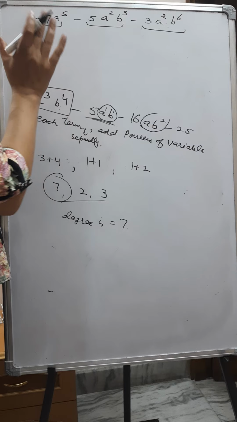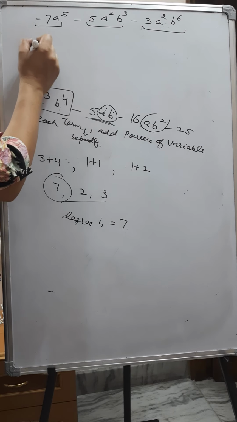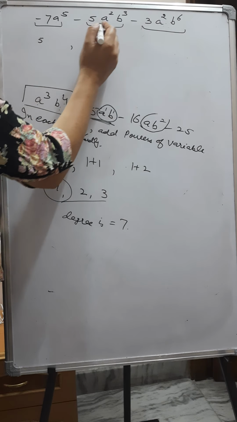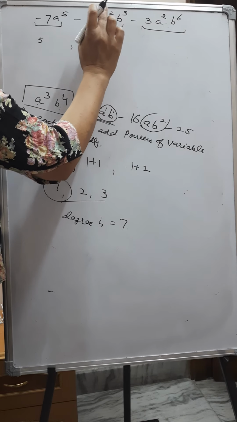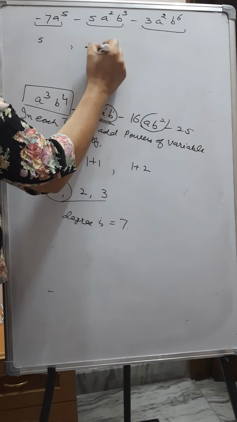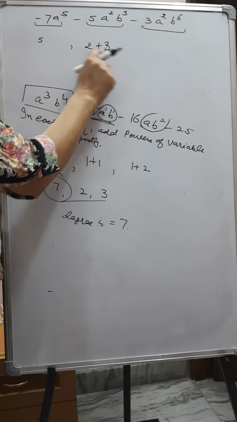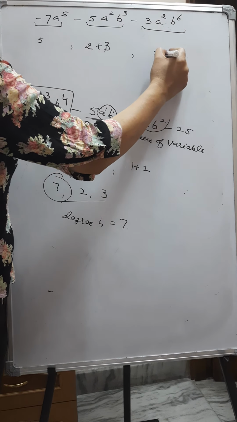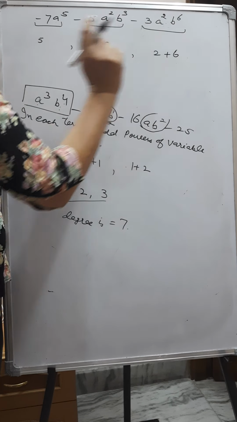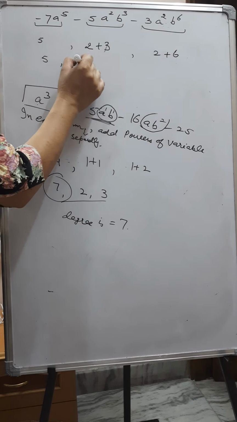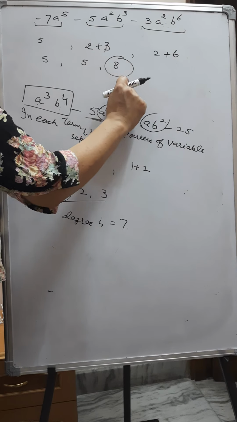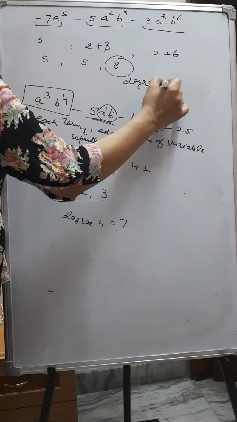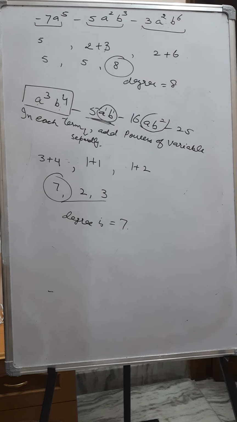Individually you have to take the powers. For the first term, only one variable and one power is there. For the second term, there are 2 variables, a and b. A has the power 2, b has the power 3, so add both powers. In the third term, again 2 variables and 2 powers are there, so add them. You will get 5, 5 and 8. Among 5, 5 and 8, 8 is the highest value, so the degree is 8. Followed?